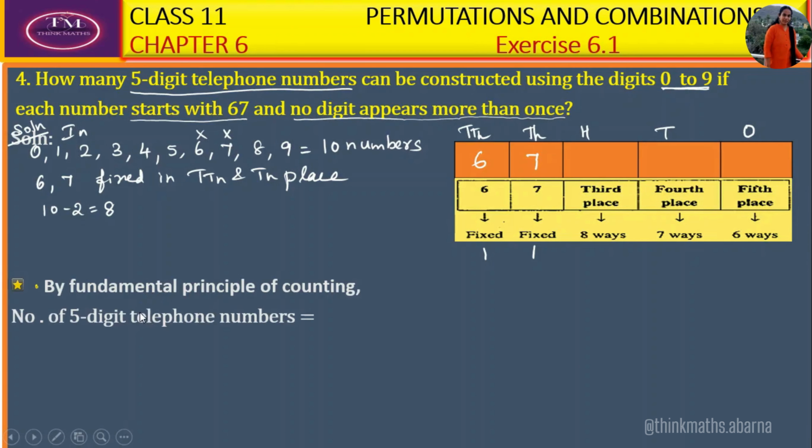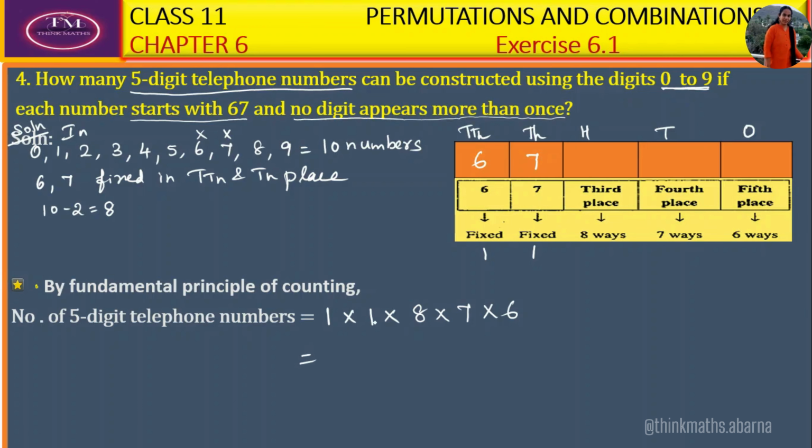By the fundamental principle of counting, the number of 5-digit telephone numbers without repetition: in the 10,000 place, it is fixed, we have only one option. In the 1,000th place also, we have only one option. In the 100th place, we have 8. In the 10th place, you have 7. In the 1st place, you have 6.